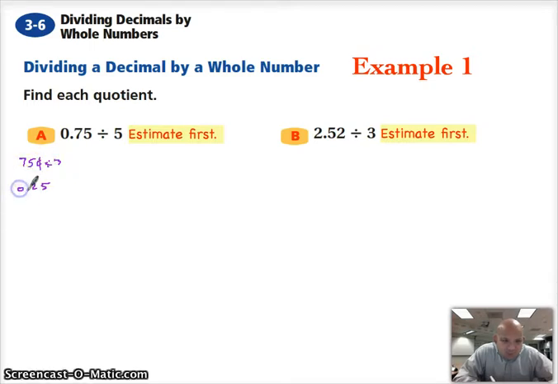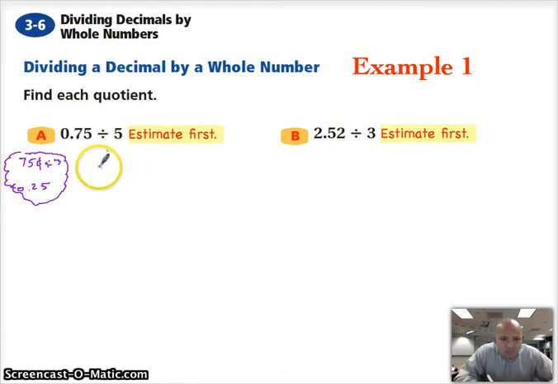Well, I write it this way. Now, my answer should be around 25 hundredths of a dollar. Since I've only divided between 3 people and I've got to divide it by 5, my actual answer will be less than 25 hundredths.